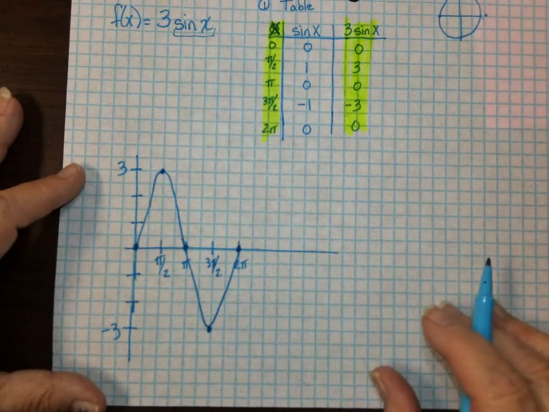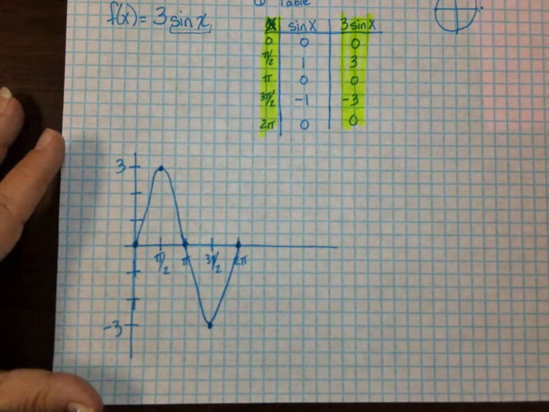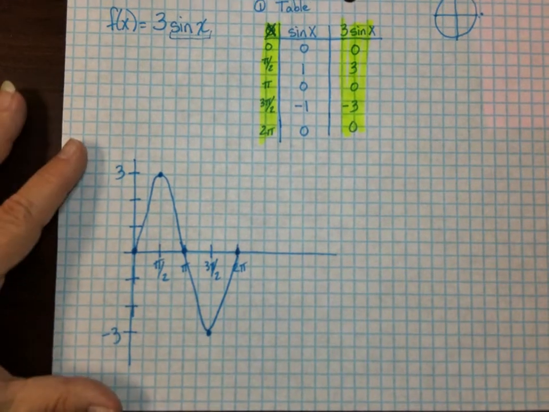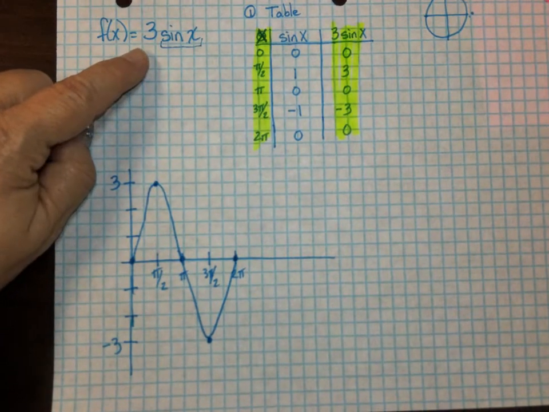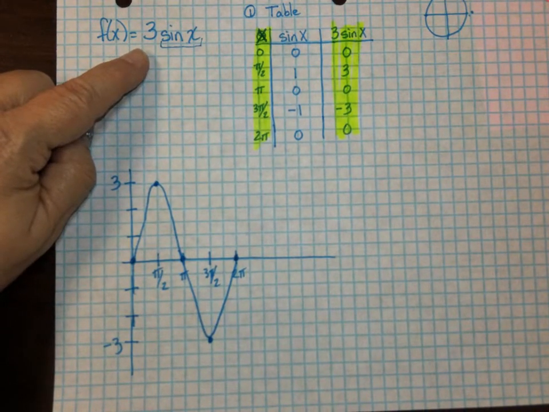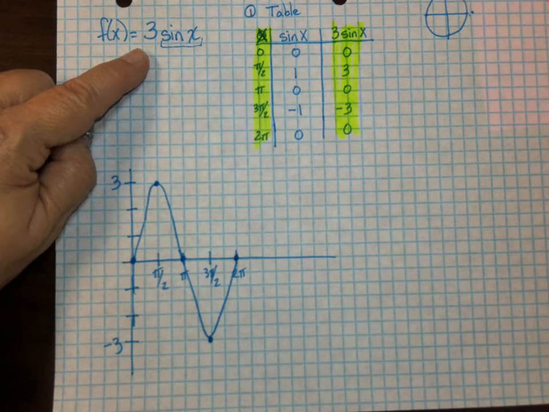So what happened compared to our parent function sine theta? What effect did this 3 have on the graph? The amplitude increased. Okay, so we changed the amplitude. What else?